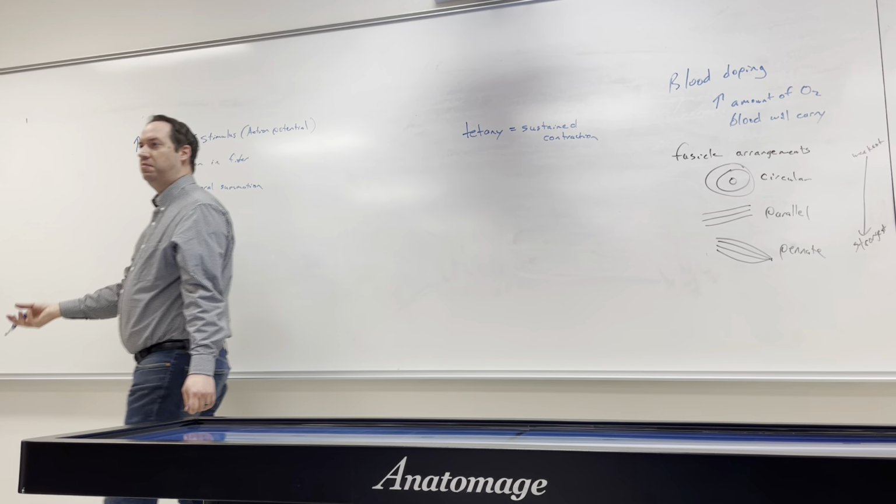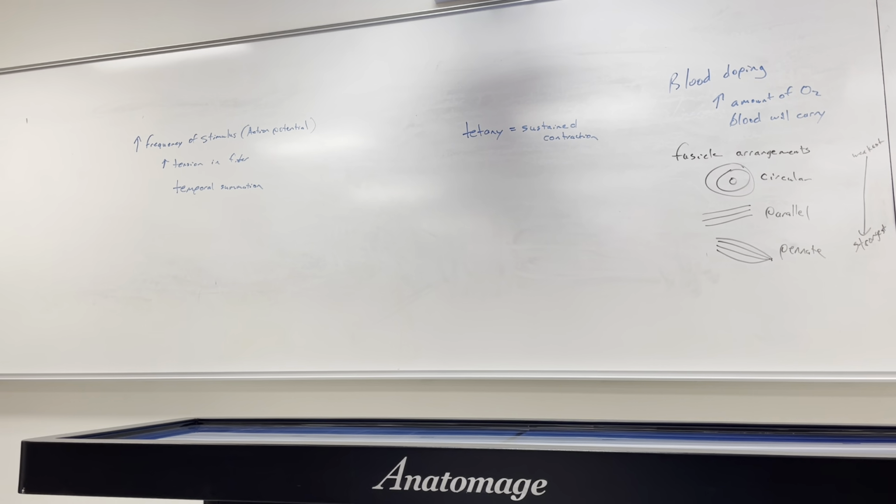Technically, this is called incomplete tetanus, and it's sort of a wave of contraction. You see it fluctuating back and forth on a readout. We don't do complete tetanus because your brain can't send the signal fast enough to get complete tetanus, where it's just a fused contraction.